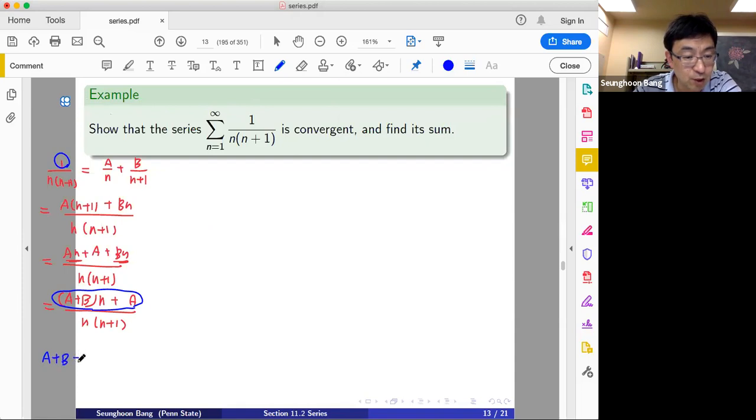Could you write your answer on the chatting board? What is a plus b? A plus b is 1.